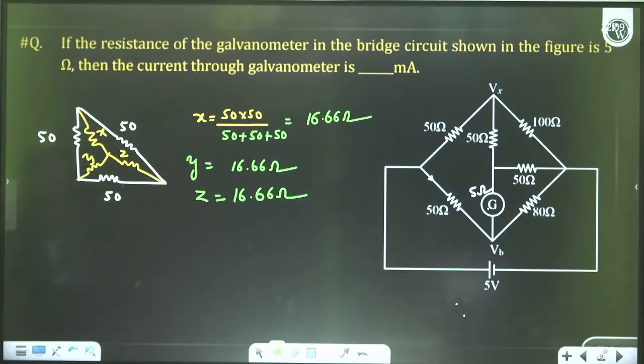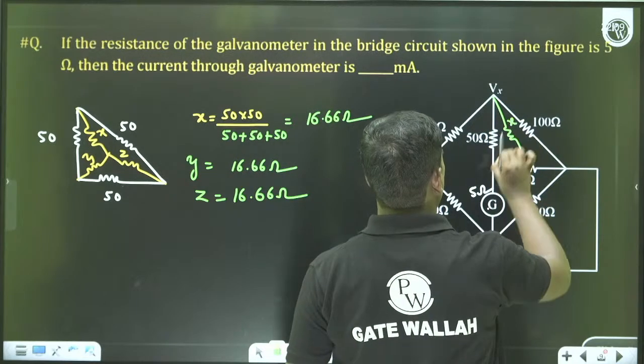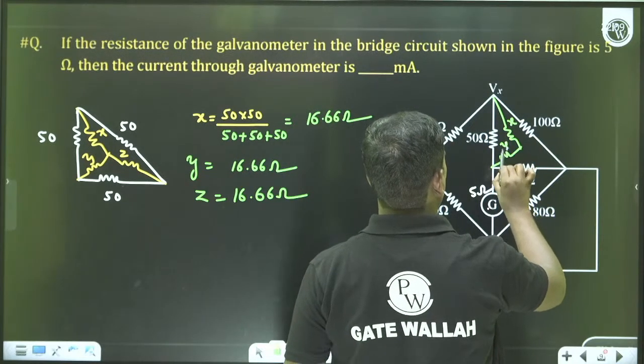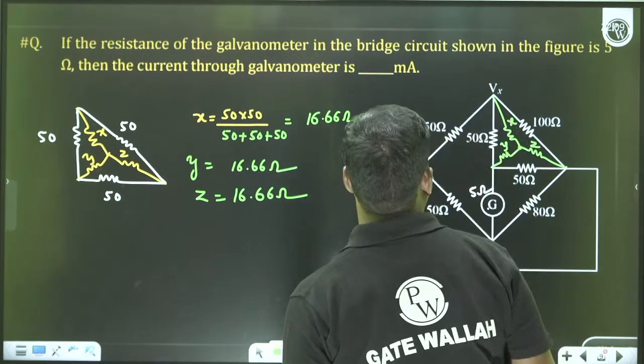So please do it. X, Y, Z we got it. Then we can convert that circuit into the normal circuit. So this is our X, this is our Y, this is our Z. So 50 and X come in series.